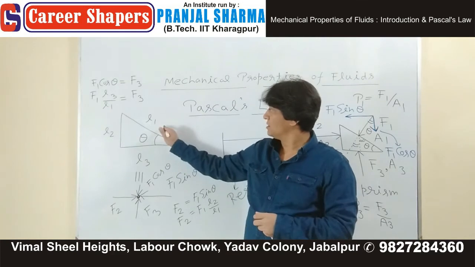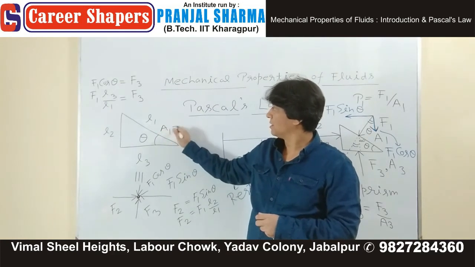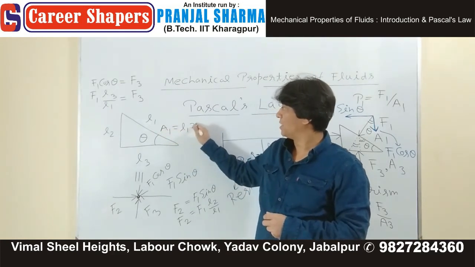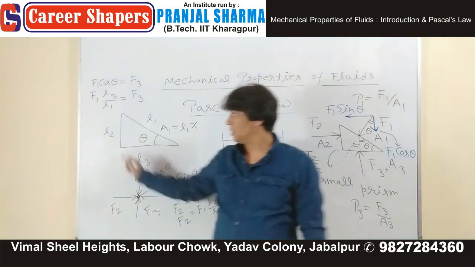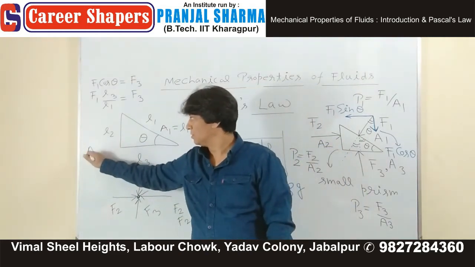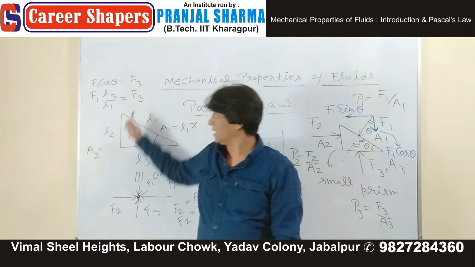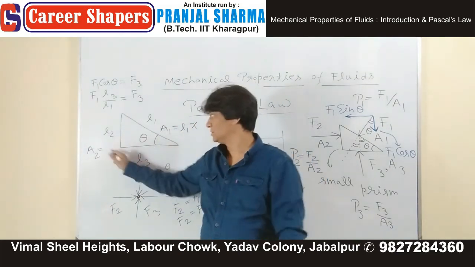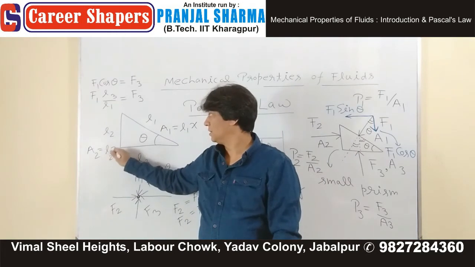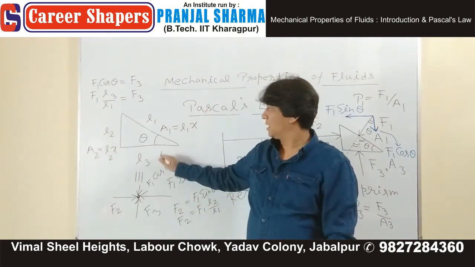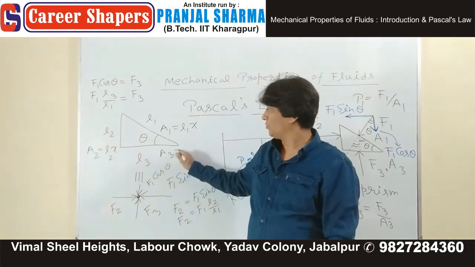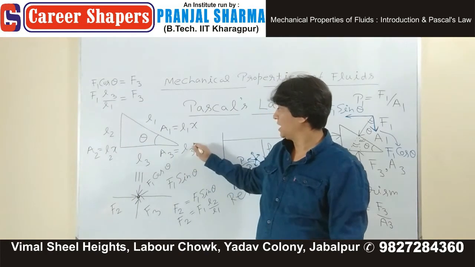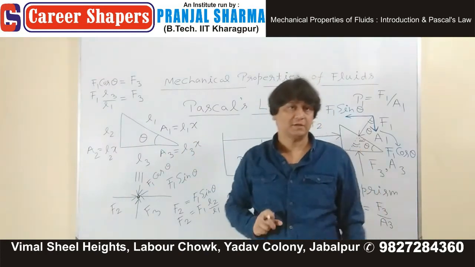What is A1? L1 multiplied by x. What is A2? It will be this side L2 and the depth, which is x. And A3 will be L3 multiplied by x.